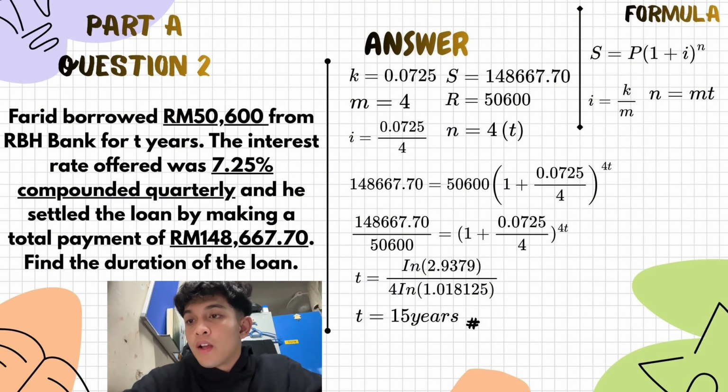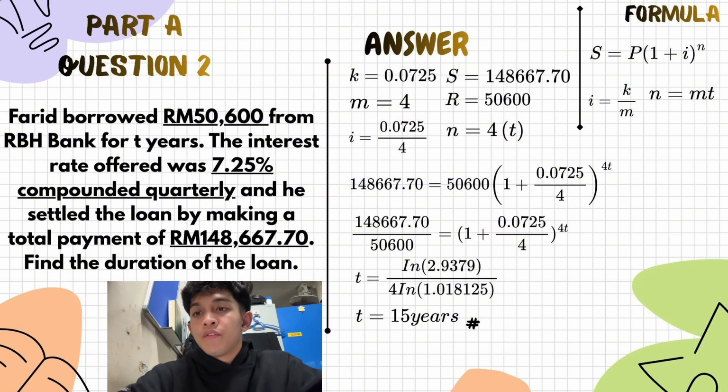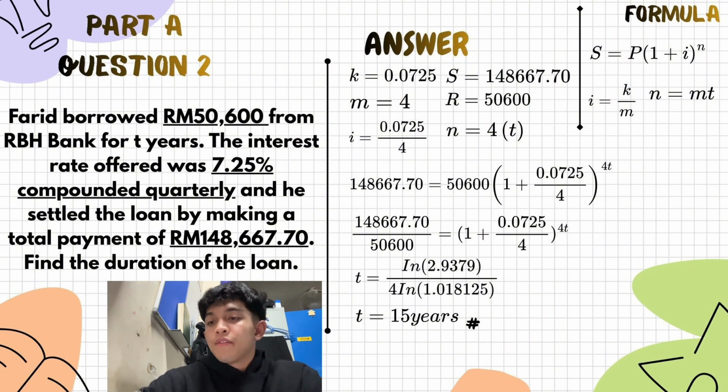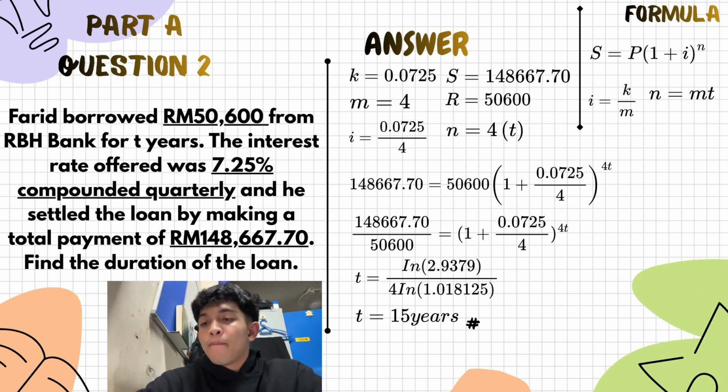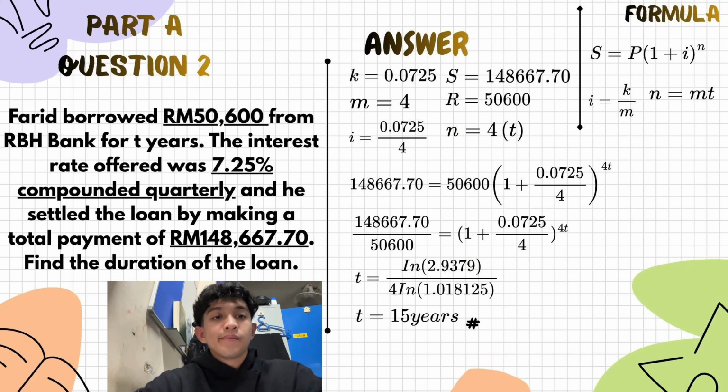After that, we took 148,667.70 divided by 50,600 equals bracket 1 plus 0.0725 divided by 4 bracket to the power of 40. After that, we took the ln, bracket 2.9379 bracket divided by ln bracket 1.018125 bracket. So the answer is t is 15 years. Thank you.